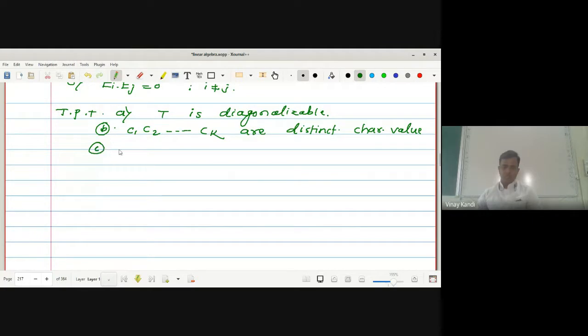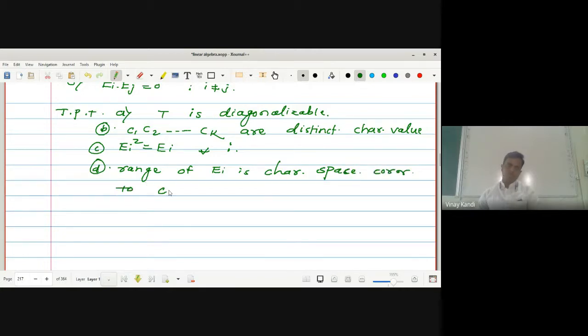C: EI square is equal to EI for all I. And D: the range of EI is the characteristic space corresponding to the characteristic value C1. These are the four things we have to do in the second one.